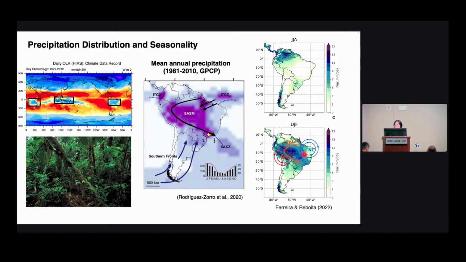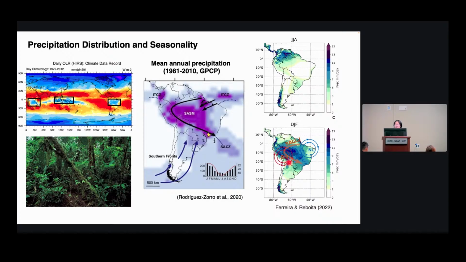The moisture from the tropical Atlantic is delivered into the Amazon and blocked by the Andes, and channeled toward the southeast of Brazil. The intense supply of moisture induces intense convection over the western Amazon and the tropical Andes, and that helps establish the Bolivian High and also the Northeast Low.